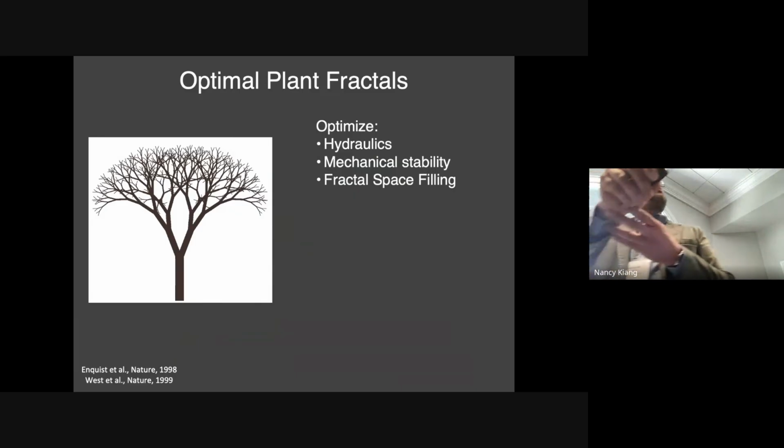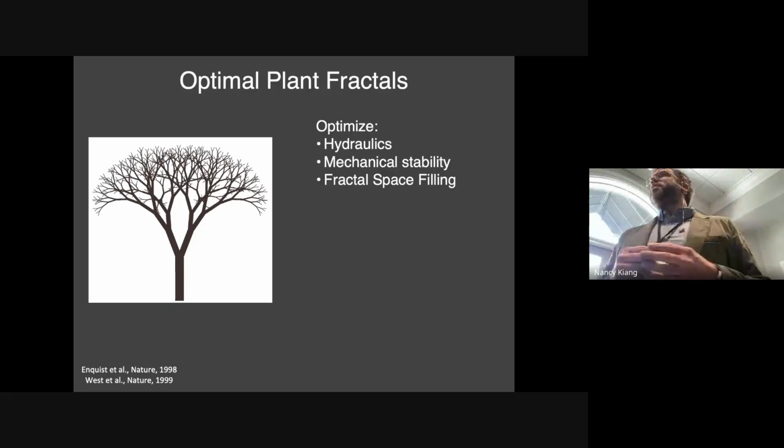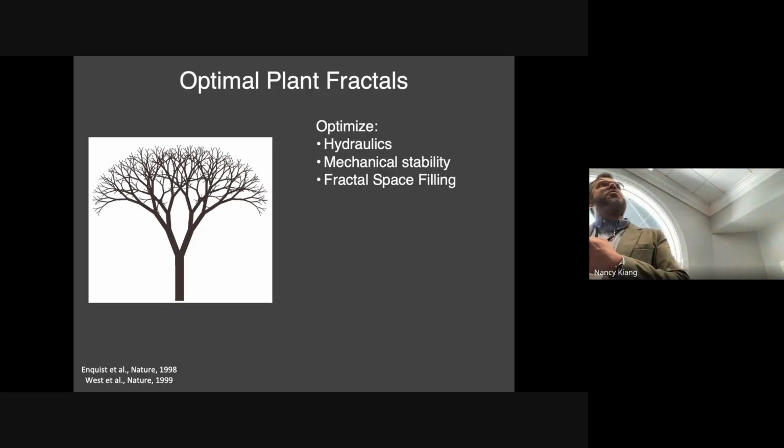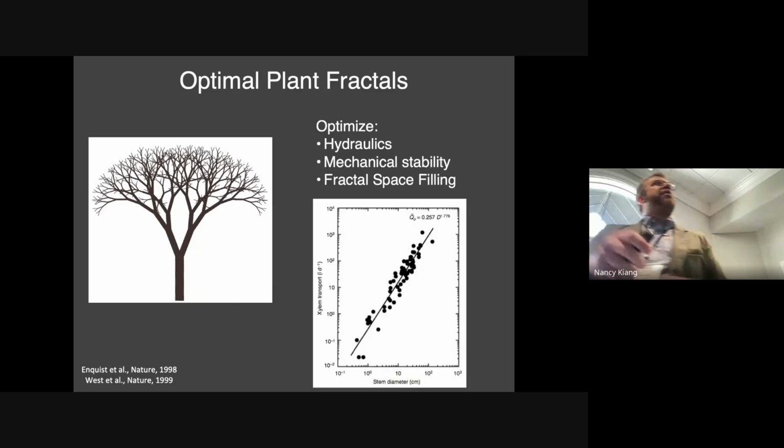So in this case, you can imagine taking the architecture of a plant, a vascular plant broadly speaking, and optimizing it under hydraulics, mechanical stability, and the need to fill space, both to feed all of the leaves and also to fill space appropriately and take up sunlight from the atmosphere. And once one does this sort of optimization, you find that you predict a whole family of these scaling relationships.